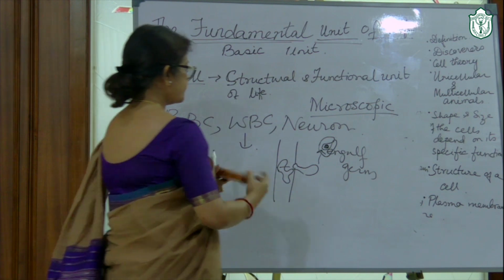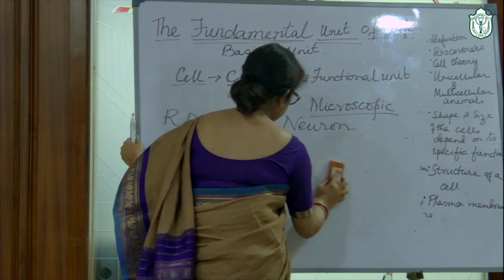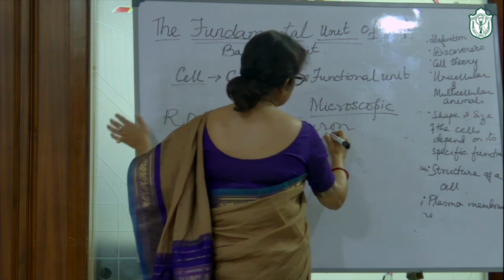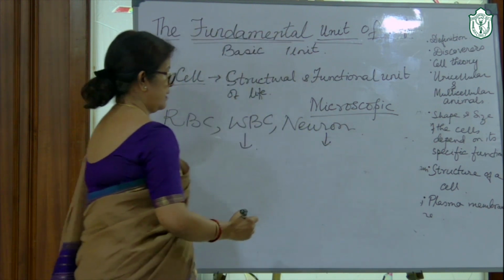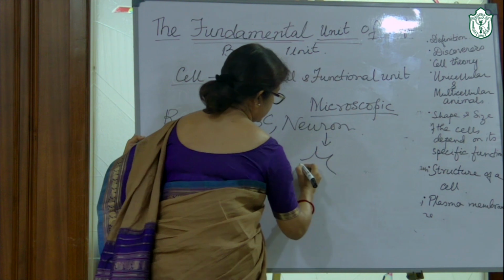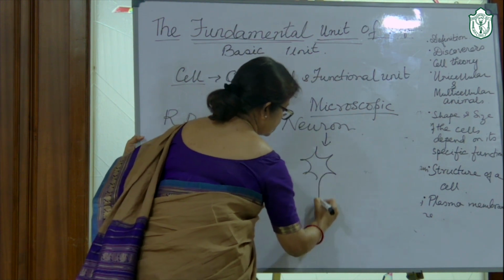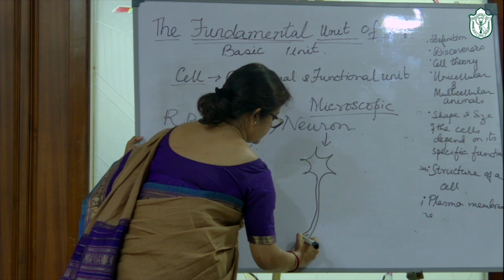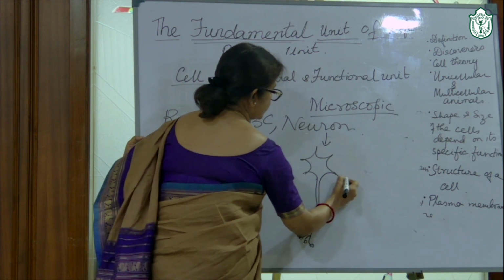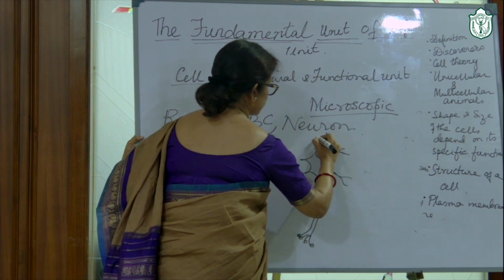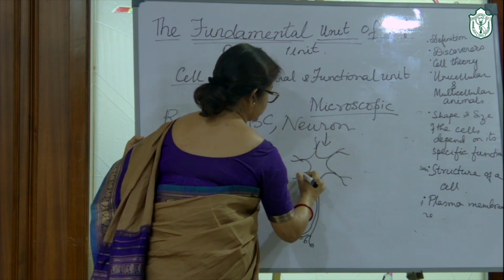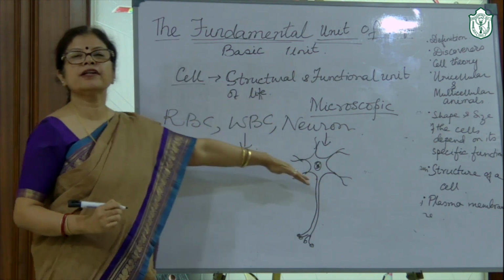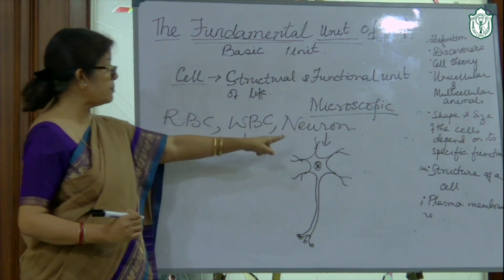Next one, the neuron, or the nerve cell. How is the structure? You can see the neuron is elongated, it has many branches.